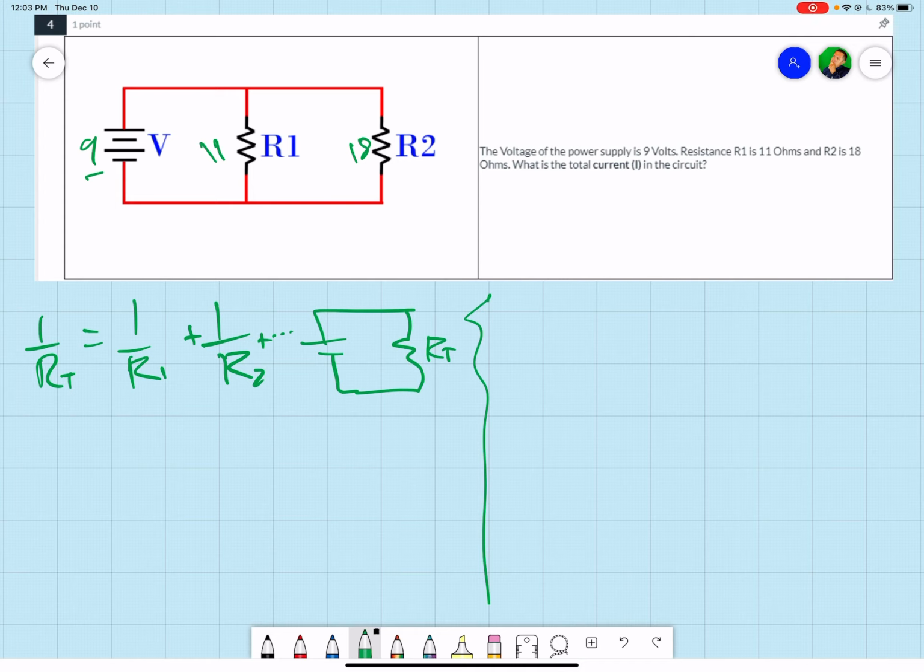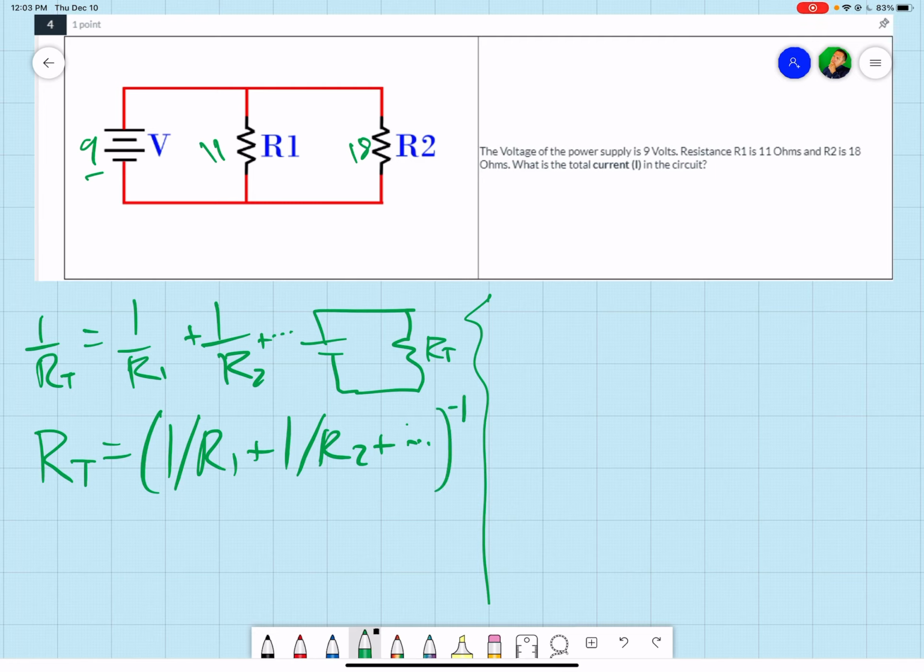But I also showed there's a shortcut before. So R total, if you have a good calculator, you could rewrite that as parentheses open, 1 divided by R1 plus 1 divided by R2 and so on and so forth, okay? But then you just have to take the inverse, which is on your calculator. It's probably the button above your squared button. So that's what I'm going to do.